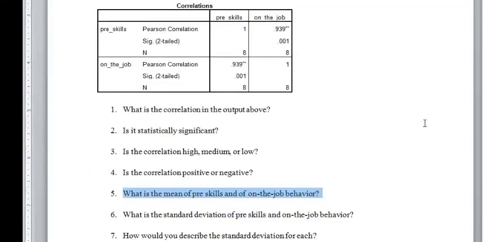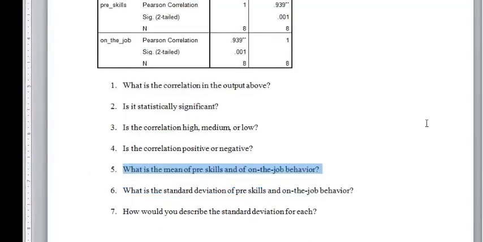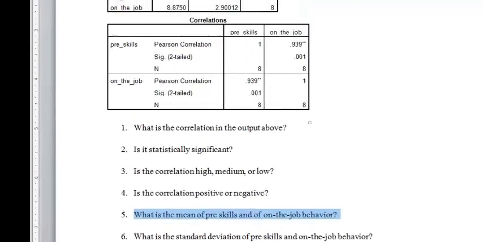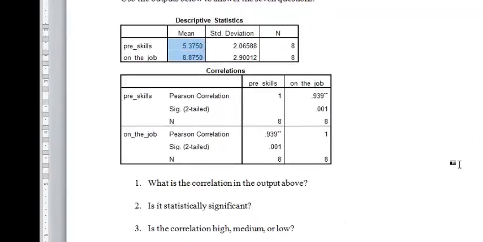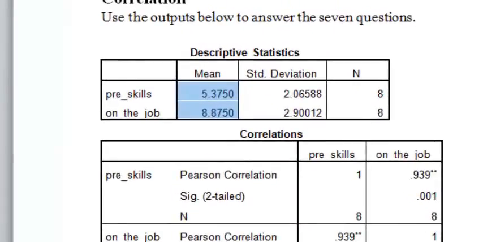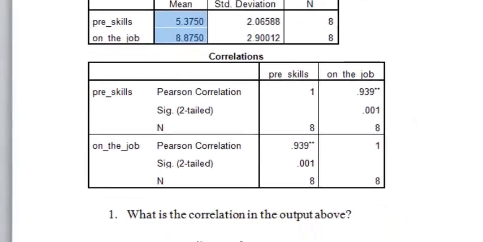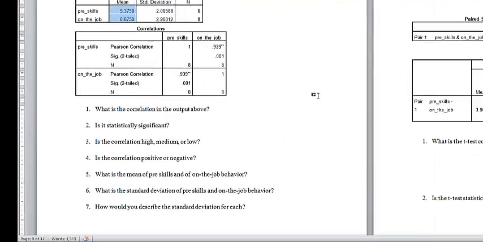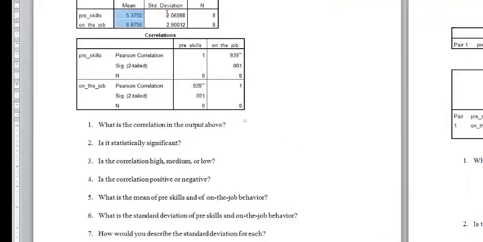The fifth question asks, what is the mean of pre-skills and of on-the-job behavior? And so this box tells us that. We got a mean of 5.37, or if we round up, 5.38 for pre-skills, and 8.875 for on-the-job behavior. What is the standard deviation of each variable?